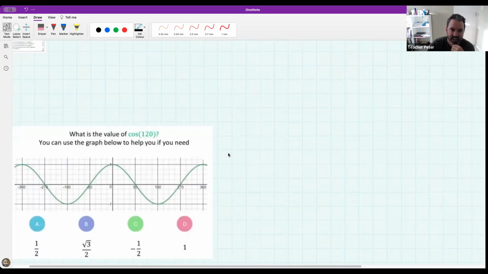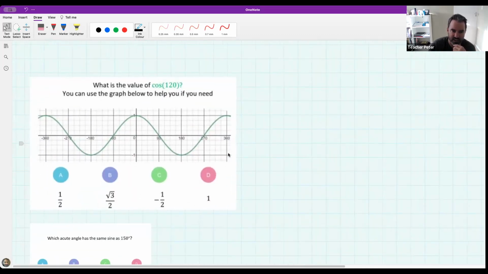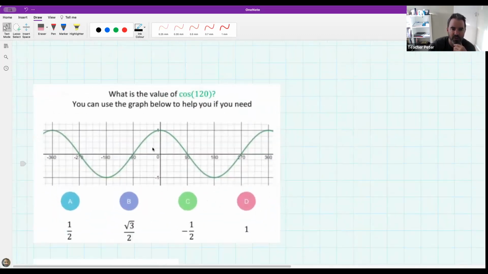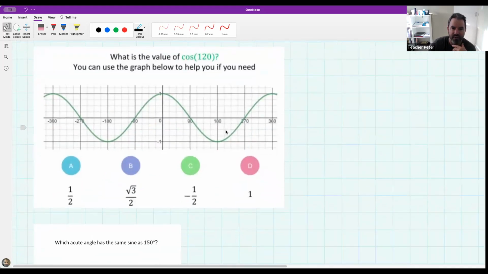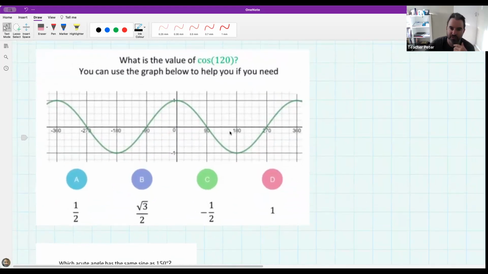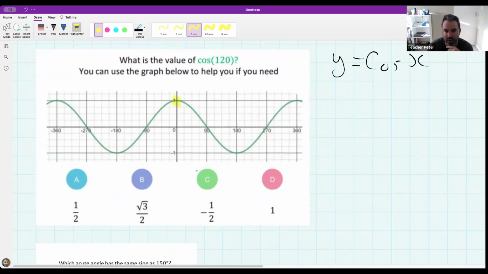All right. Let's go back to graphing land for a second. I want you to look at this graph. This graph is the cos function. It is the graph y equals cos x. And you'll notice that it starts at 1 just the way cos x is meant to. It says you can use the graph to help you. What is the value of the cos of 120?